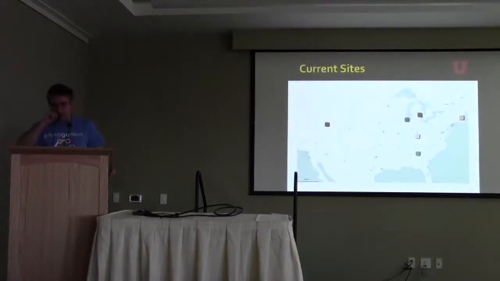So as I said, the plan is we've got 32 of these things, so you can get some really interesting geographic diversity. At this point, we have 6 of them up. Some of them are still pending final testing from the GENI project office, but we have one at the University of Utah, one at Northwestern, one at Kettering, one at BBN, one at the University of Kentucky, and one at Georgia Tech.